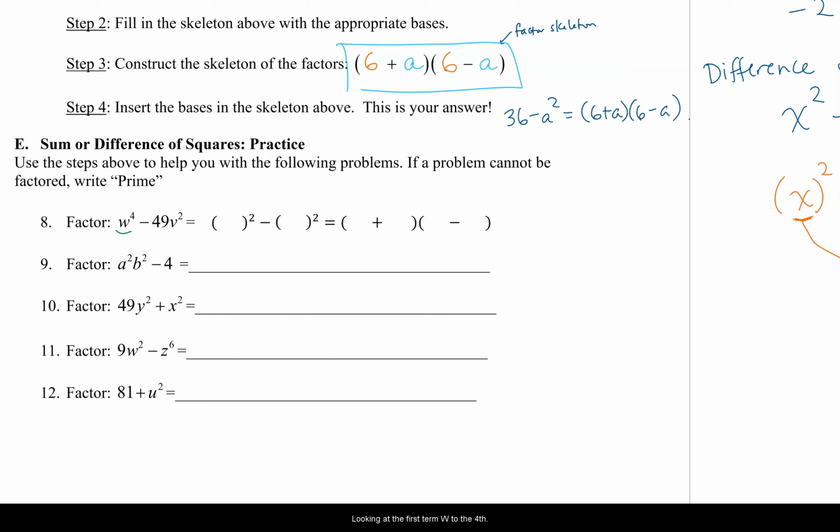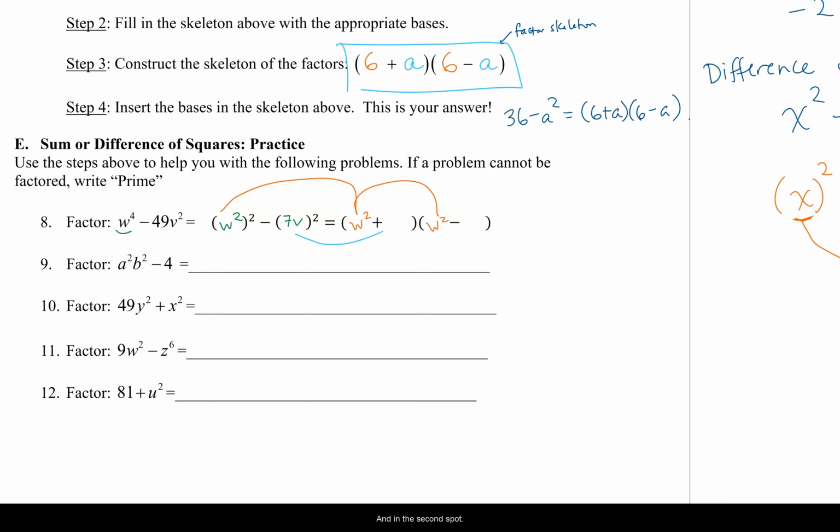Looking at the first term, w to the 4th, we could write that as w squared squared, because when we square a square, we're actually raising it to the 4th power. 49 is 7 squared. Notice I have a v squared in there, so I'm going to put the v also in that skeleton parentheses. And then just like we did before, in the first spot, we're going to put w squared.